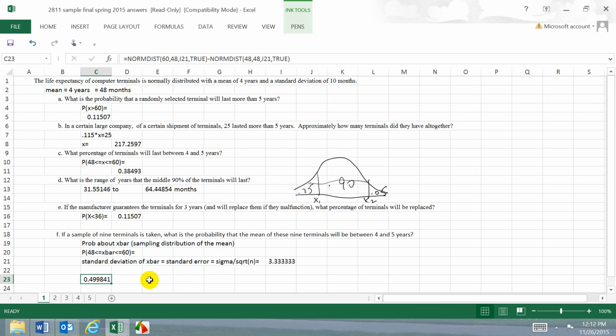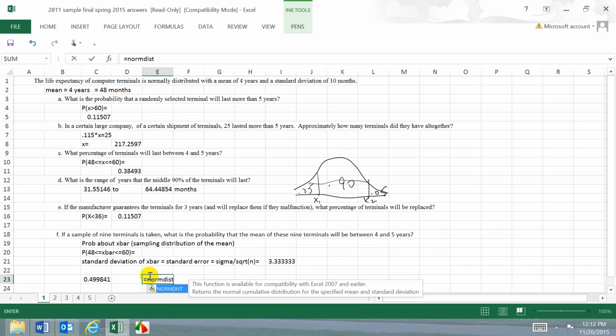Now, I could have done this whole thing all at once without calculating the standard error separately. Let's just see how I would do that. It's the same calculation.